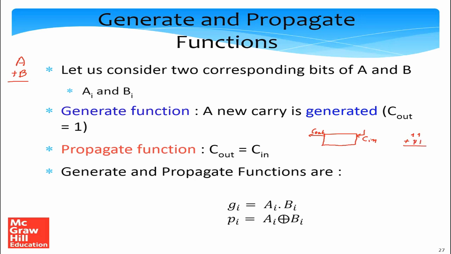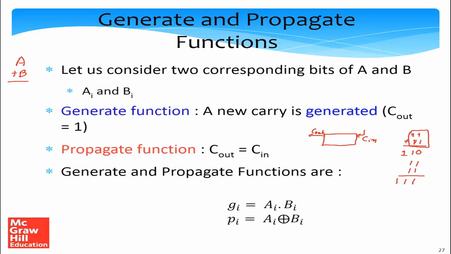Irrespective of the input carry, we will always generate an output carry. Input carry is 0, so 1 plus 1 will be 0 and this will be 1, and an output carry of 1 will be generated. Let's assume that the input carry is 1. So 1 plus 1 plus 1 is 1, carry of 1, again 1, and a carry out of 1. So if this is the contents of the block, irrespective of the input carry, the output carry will always be 1. So we are saying that we are generating.